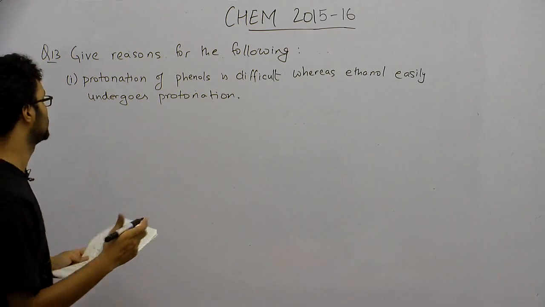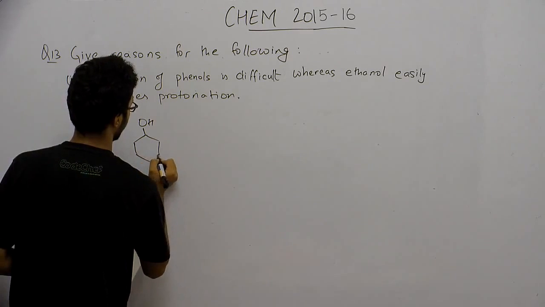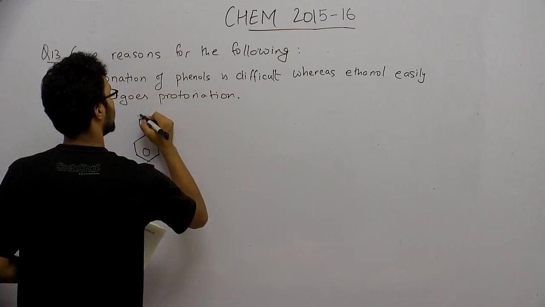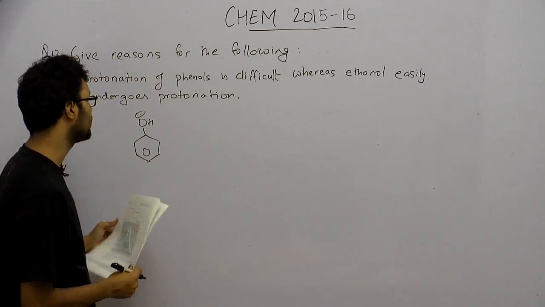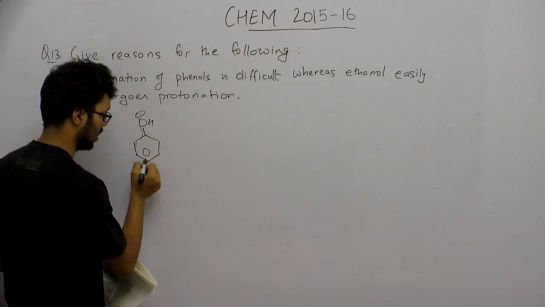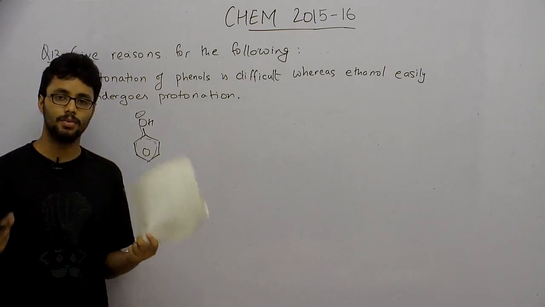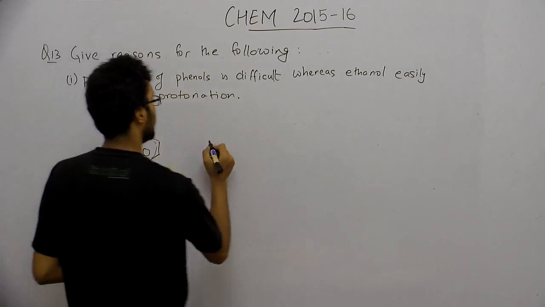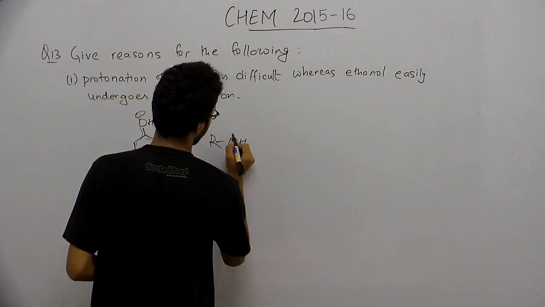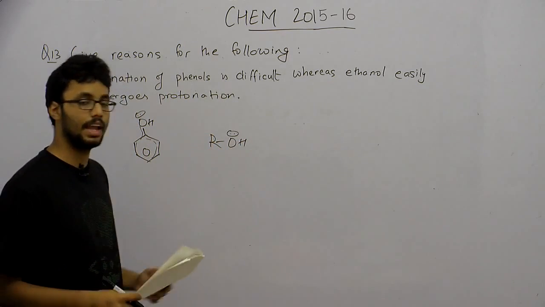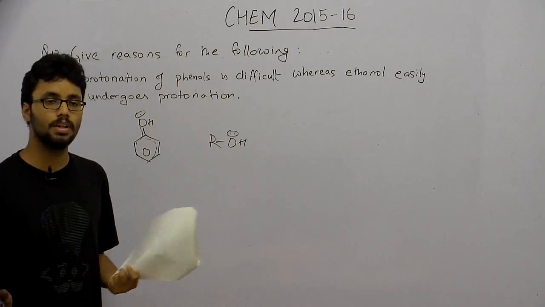This is because in phenol the valence electrons of the oxygen atom are delocalized in the ring, so they are not freely available for protonation. Whereas in alcohol, say ethanol, the lone pair electrons are localized, so they are easily available for protonation.